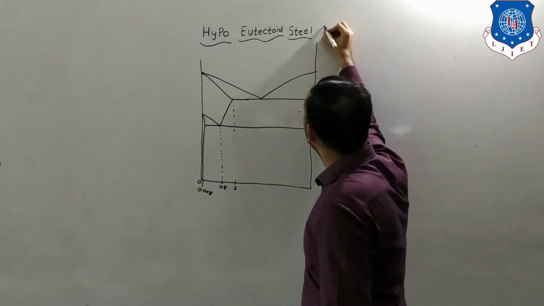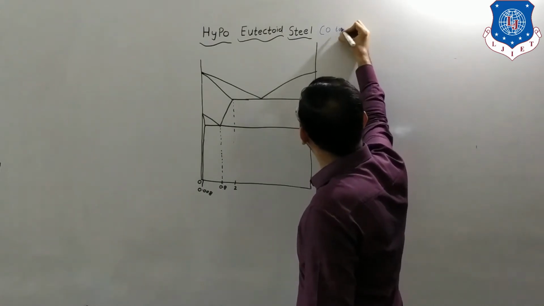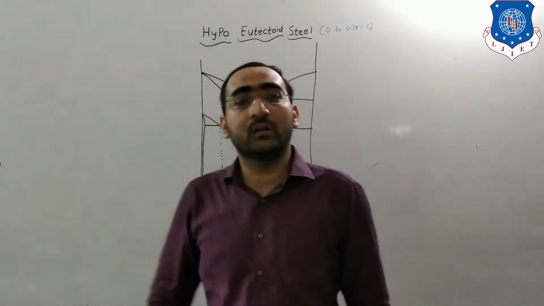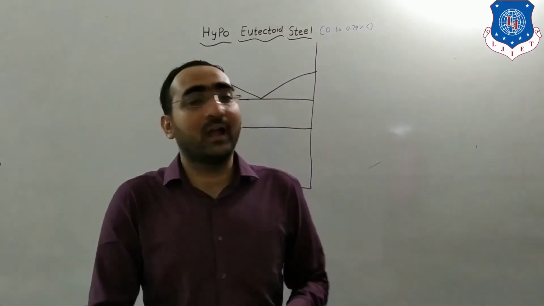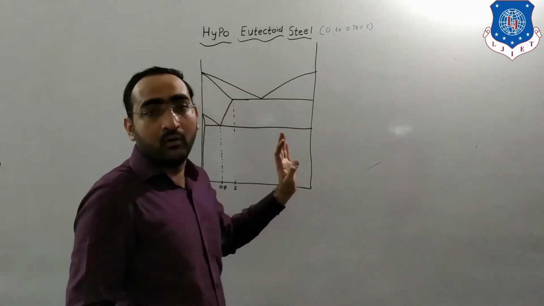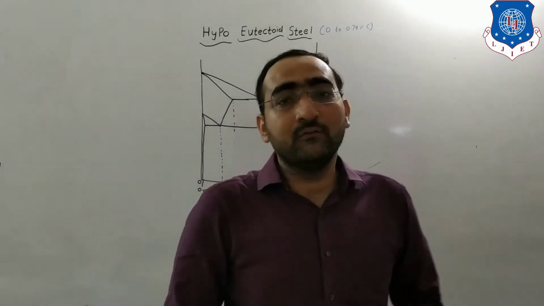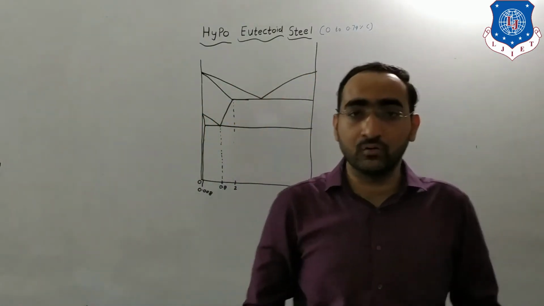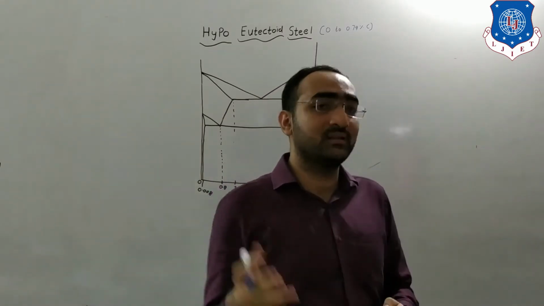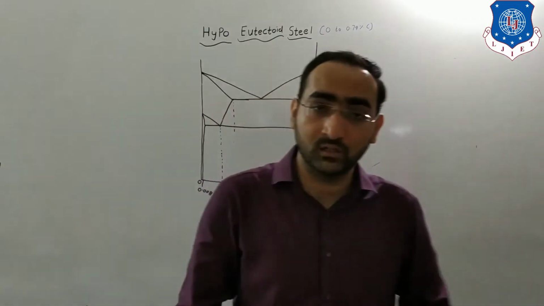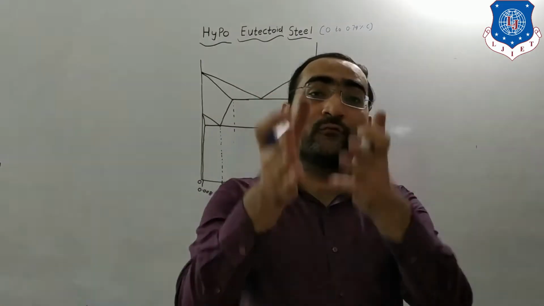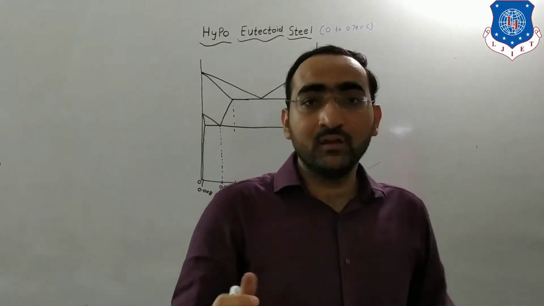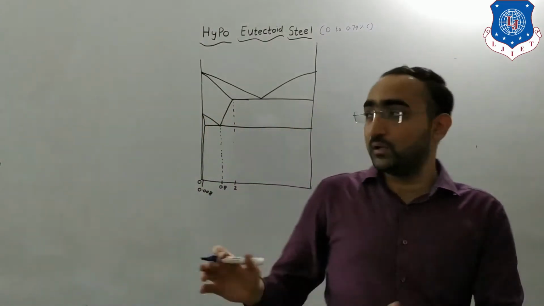Hypoeutectoid steel is the steel which ranges from 0 to 0.79% carbon. That particular steel falls under the hypoeutectoid steel. If you are given a question to write about such a steel, suppose 0.6% carbon, draw and explain solidification, or 0.4% carbon, draw and explain the different structures occurring, they will be giving you a percentage which lies between that range.